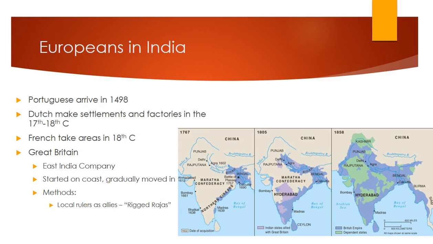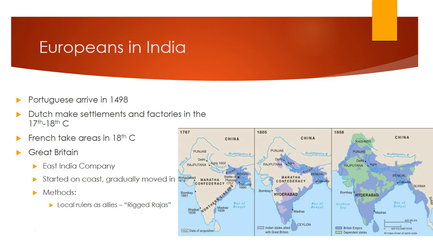And it was through this company that Britain gradually gained control of all India. They started on the coast, so we see here they are. By 1767, they were in control of the areas that France had once been in control of.